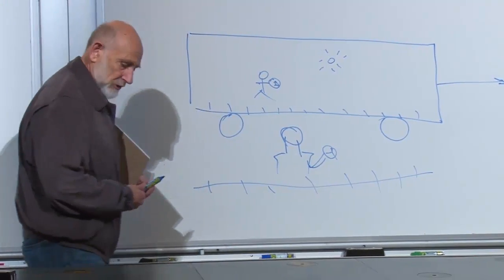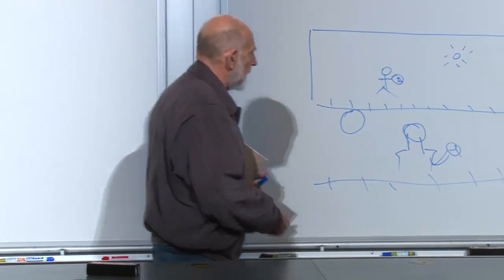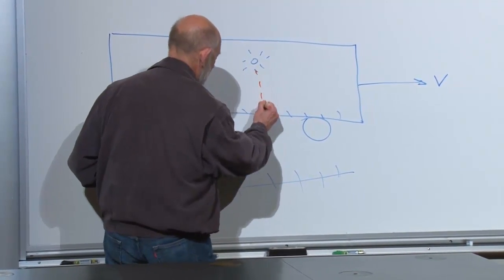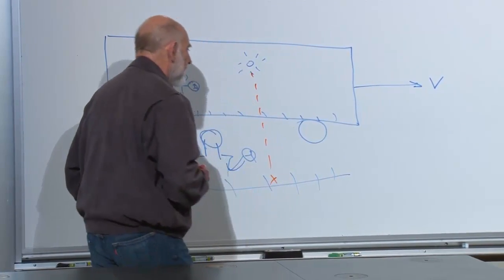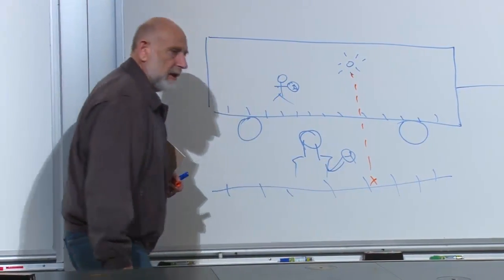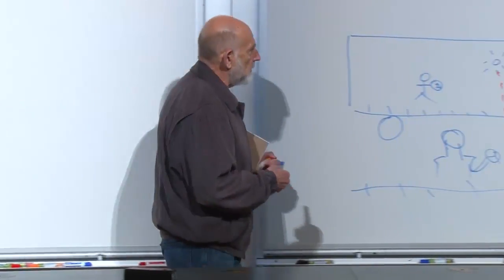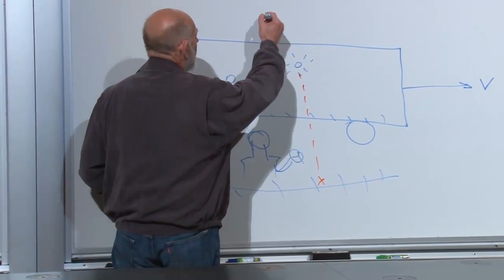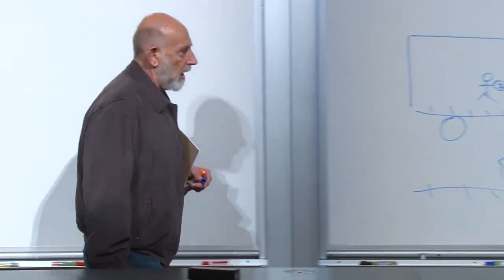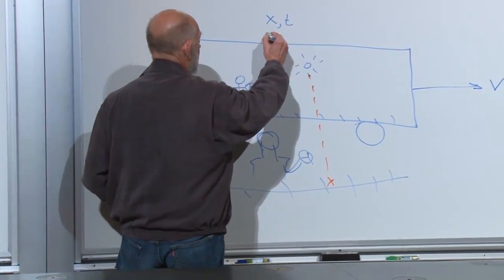Now, position x means coordinate x in the stationary reference frame, x right over here, at a time t according to the timepiece of the stationary observer. So the stationary observer ascribes to it coordinates x and t, and the moving observer ascribes to the same event coordinates x prime and t prime.